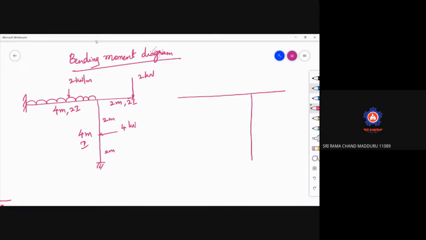So we will draw the positive bending moment diagram, which is WL square by 8. So for the positive bending moment diagram, the value is WL square by 8, which is 2 into 4 square by 8, which is 4 kilonewton meter. So that is 4 kilonewton meter, which is a parabola. So this is plus 4 kilonewton meter.